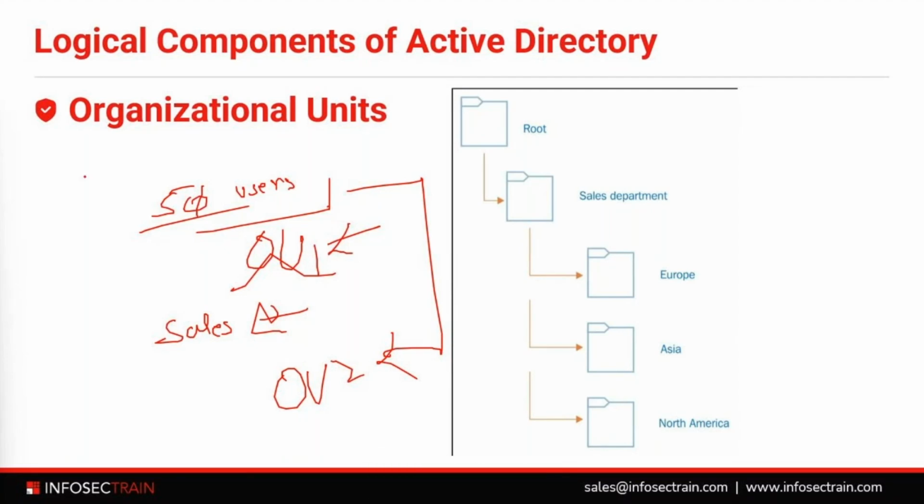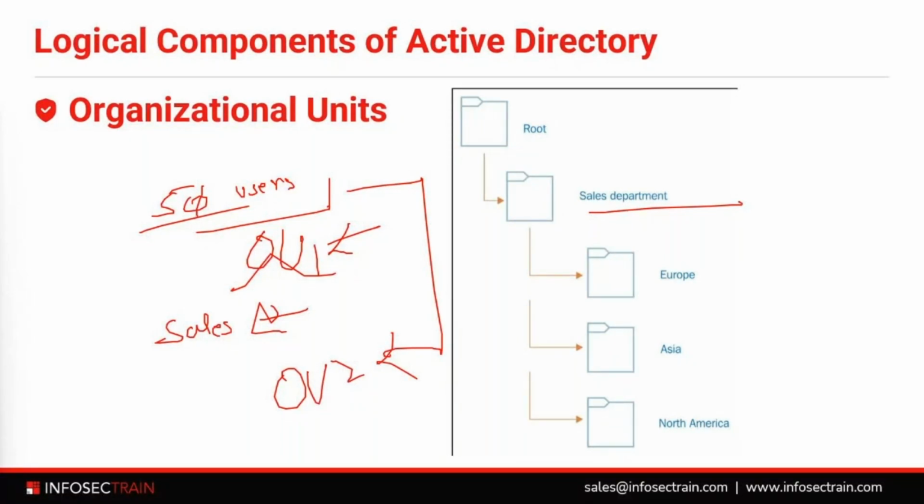Now here in the image, if you can see, there is an organization who has a sales department. So first thing you need to do is create an organizational unit called sales department, right? Now all the regional offices, they have their own sales department. Most of the security and administrative requirements for objects in the sales department, they are same.